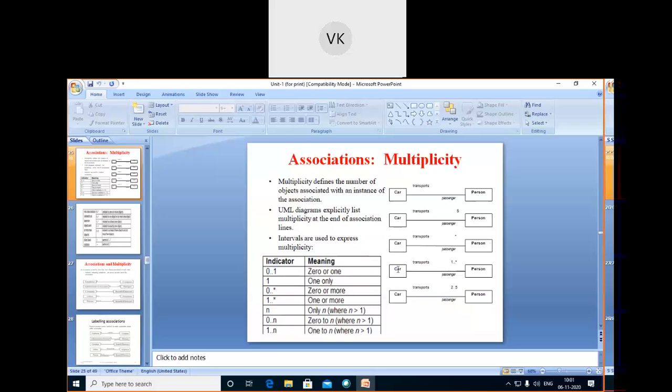The next diagram you see here, car is there near the person class, 1 dot dot star. The meaning of this one is, in the car, at least one person or at most many persons can sit there.